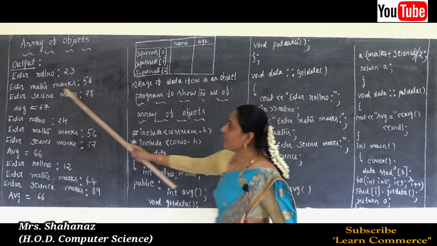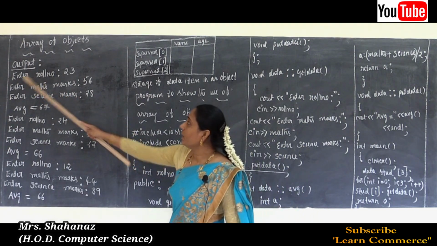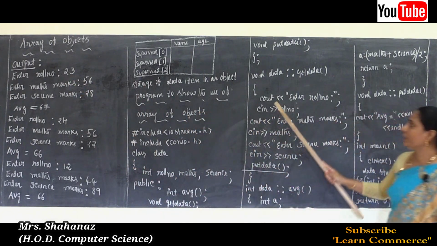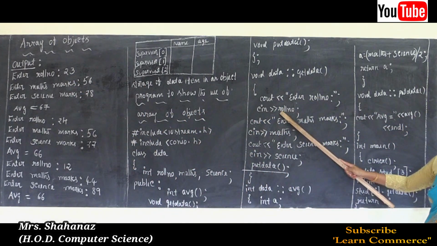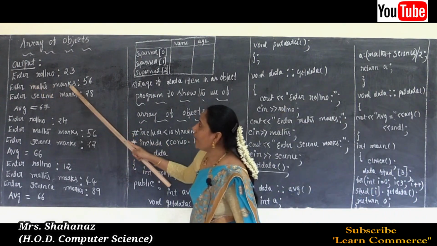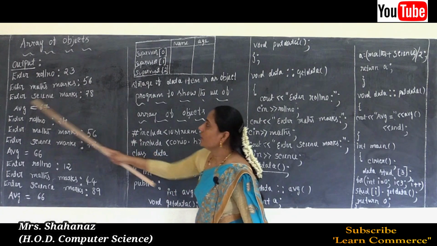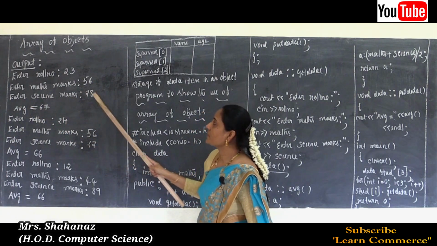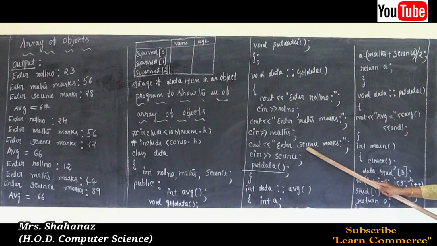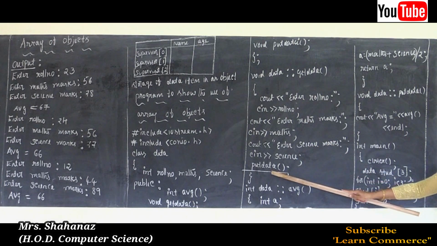So it's going to display the output as: enter roll number, 23. Here we already wrote enter roll number, so it's going to accept the value for the roll number. Enter maths marks 56, enter science marks 78 here. So the maths marks and the science marks are going to be entered, and later next the putdata information.